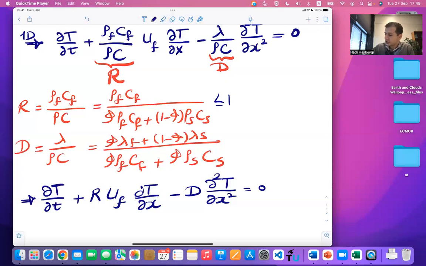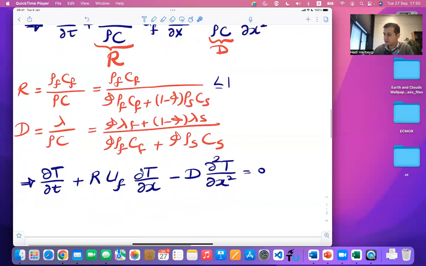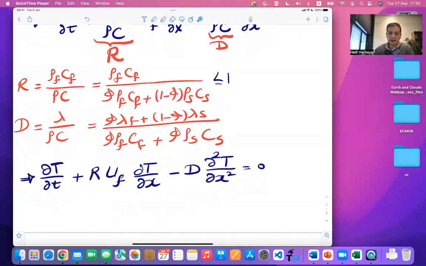So convection takes place with the velocity U times R. And there is physics behind this, to be understood in more detail. Conduction is also here, with the second derivative of temperature. Convection is more of a first derivative of temperature. I'm going to explain a bit more on these.